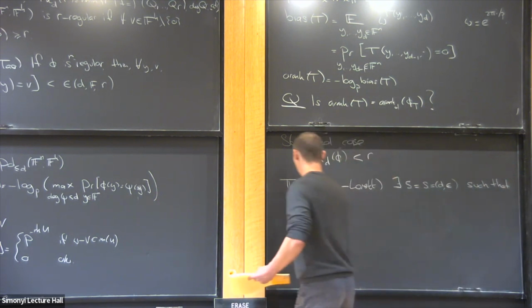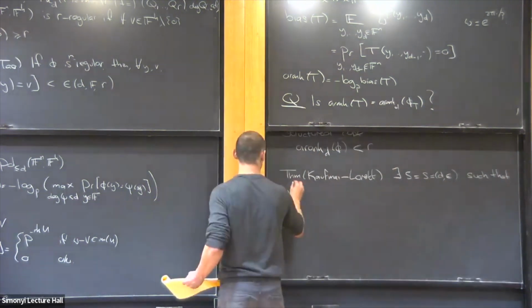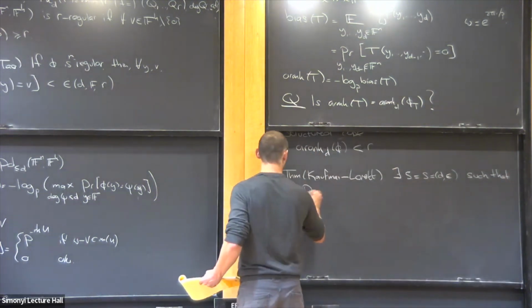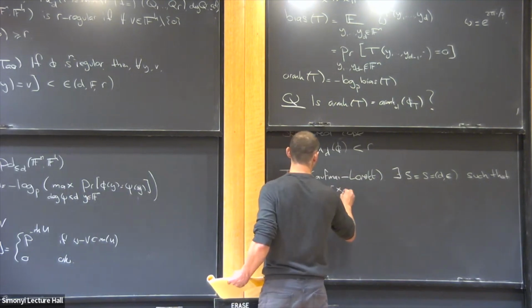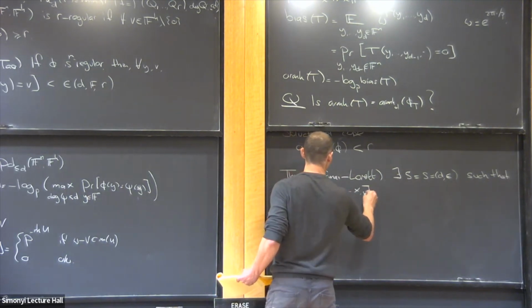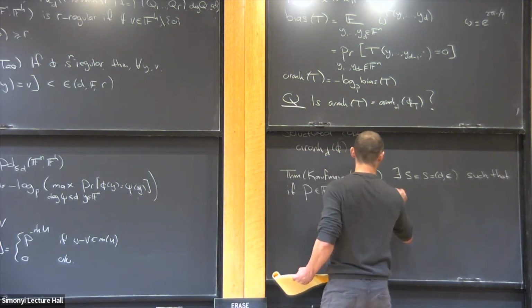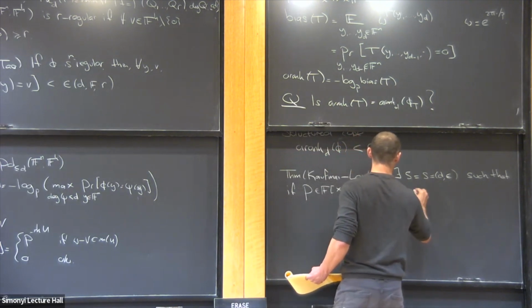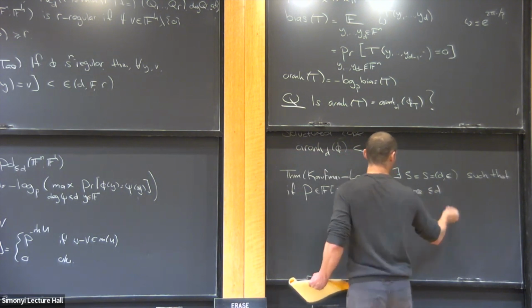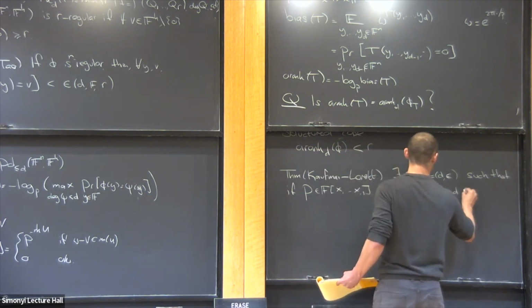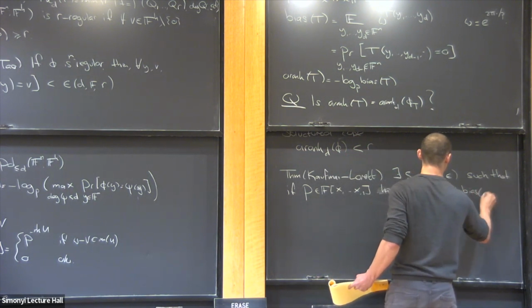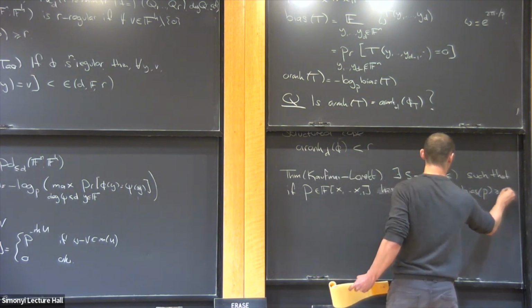Such that if a polynomial P has degree at most D, and bias at least epsilon.